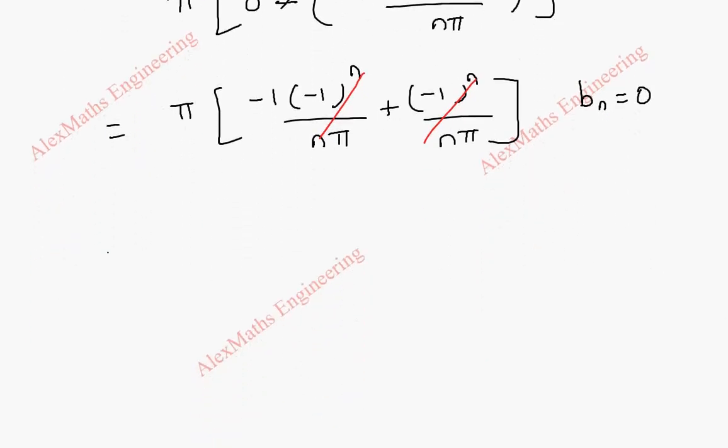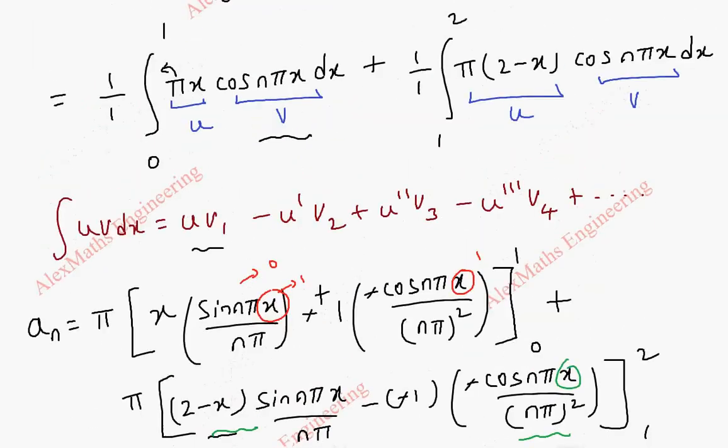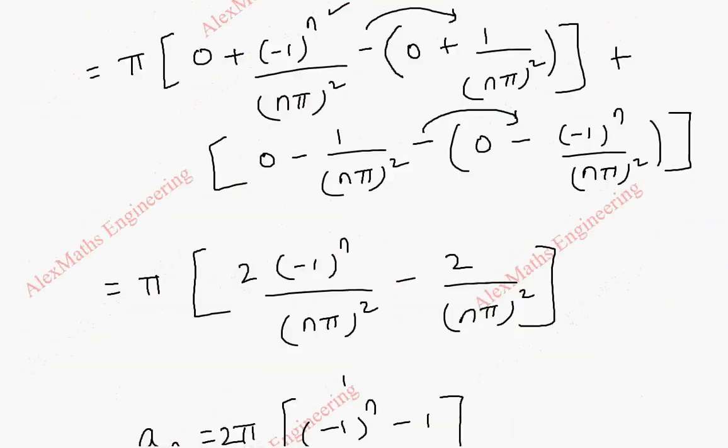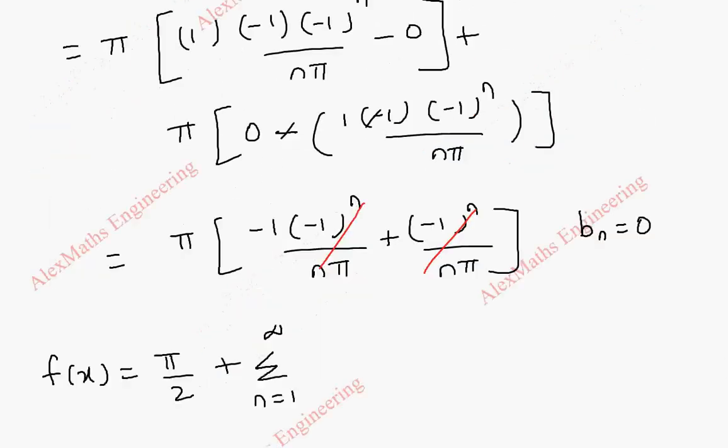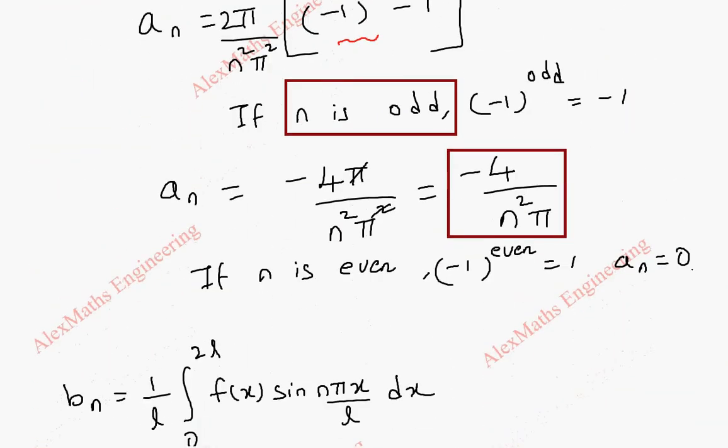Now we substitute everything in our f of x. So f of x is equal to a0 by 2. The value of a0 which we got here is pi. So a0 by 2 means pi by 2 plus summation n is equal to 1 to infinity an. But an, we have a special case where it exists only for the odd.